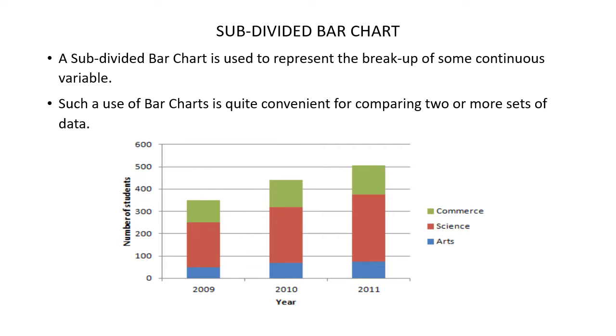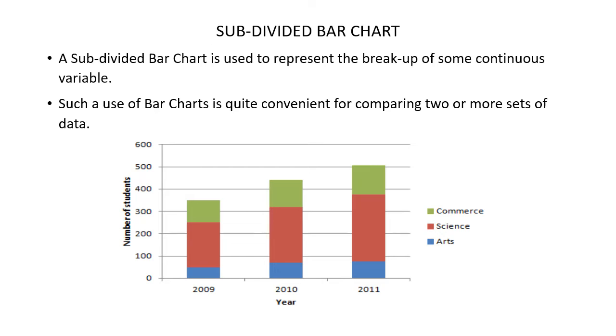No, that is wrong, because you can see here that the brown color starts from this point, which corresponds to the number 50, and it ends at this point, which corresponds to the number 250. So the number of students studying science is 250 minus 50, that is 200. So 200 students were studying science in the year 2009.